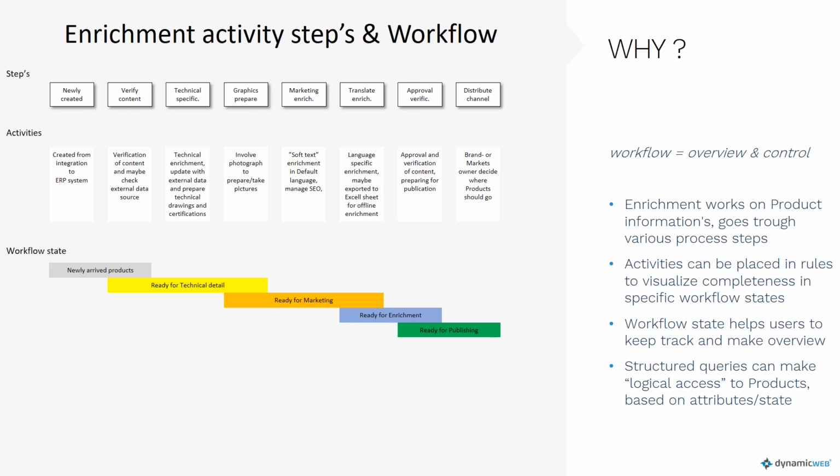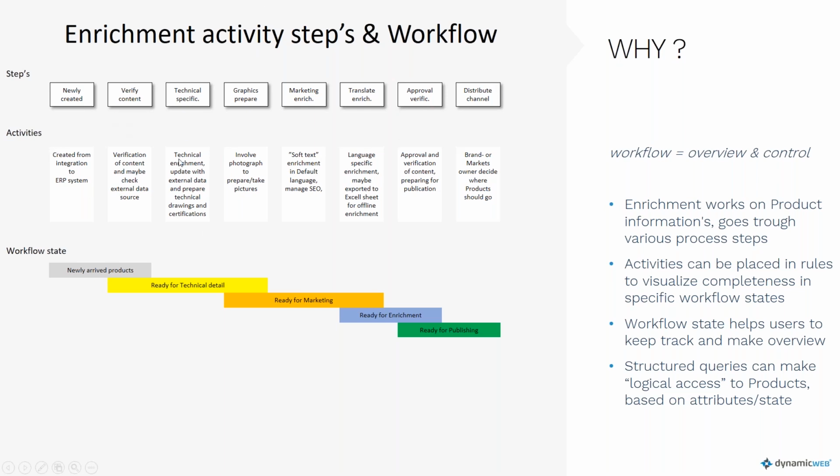That could be enriching the soft text, the description, and the metadata fields for SEO optimization, and maybe over to the translation steps. At the end, you'll maybe go through an approval verification, and then distribute to the needed channels. Basically, these 8 steps are just 8 activities.